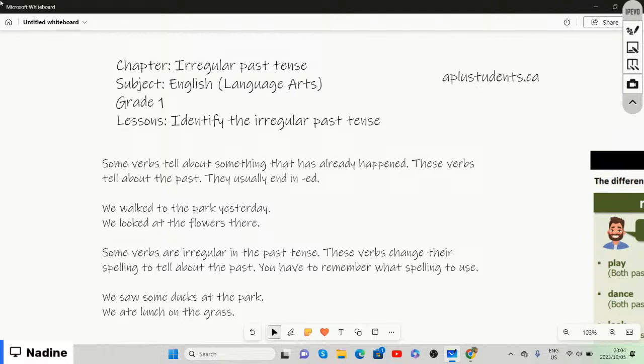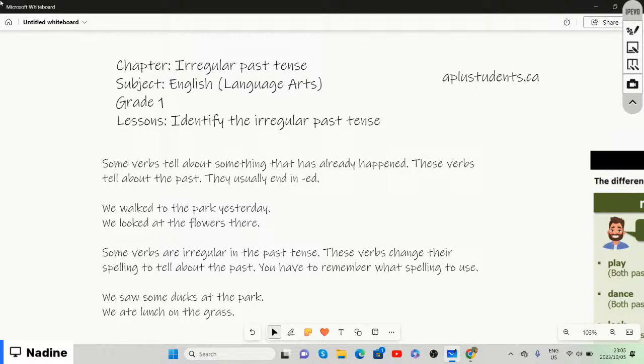We said the present tense shows things that are happening now, in the present moment. The future tense shows things that will be happening, meaning it did not happen as yet, but it will happen. And the past tense tells us about something that happened already.